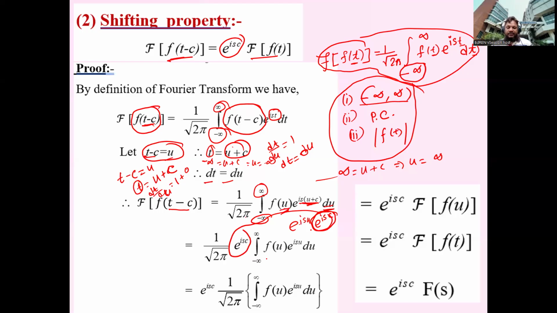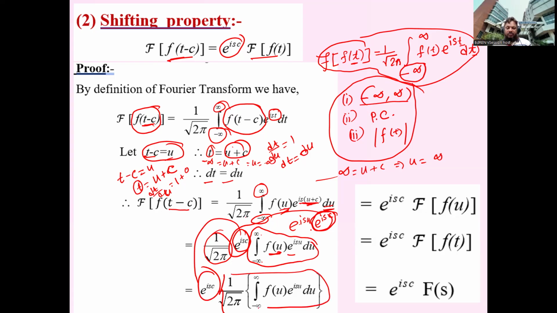So we can write here negative infinity to positive infinity f of u e to the power isu du. So you see, this one is the definition of the Fourier transform, including 1 by root 2 pi. So we can take e to the power isc on the left hand side, and this one is the definition of the Fourier transform. That's why we can write e to the power isc times the Fourier transform of f of u, or Fourier transform of f of t. That is e to the power isc multiplied by f of s. As the Fourier transform of f of t is f of s, so we can write e to the power isc times f of s.